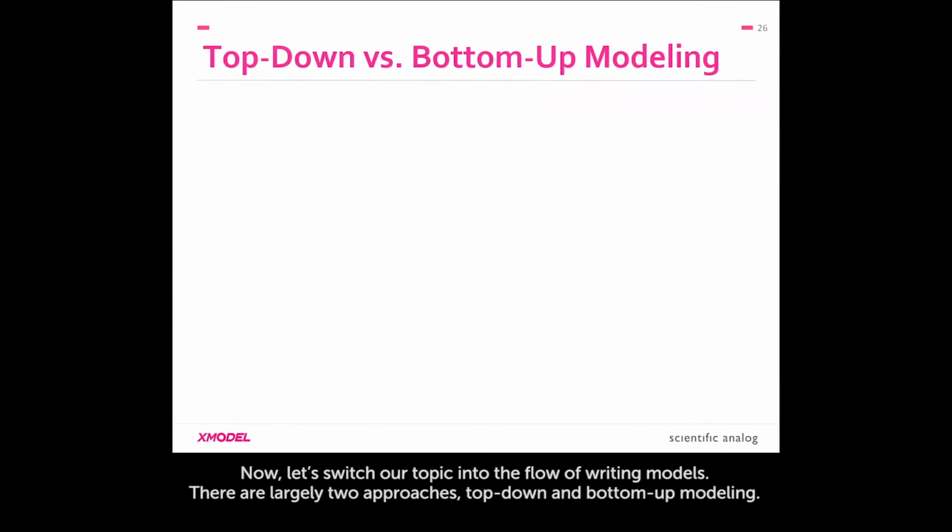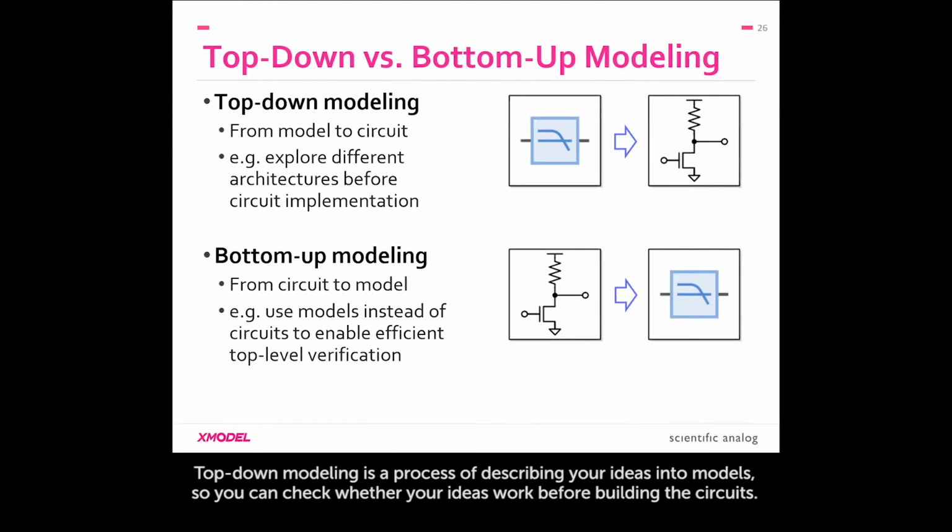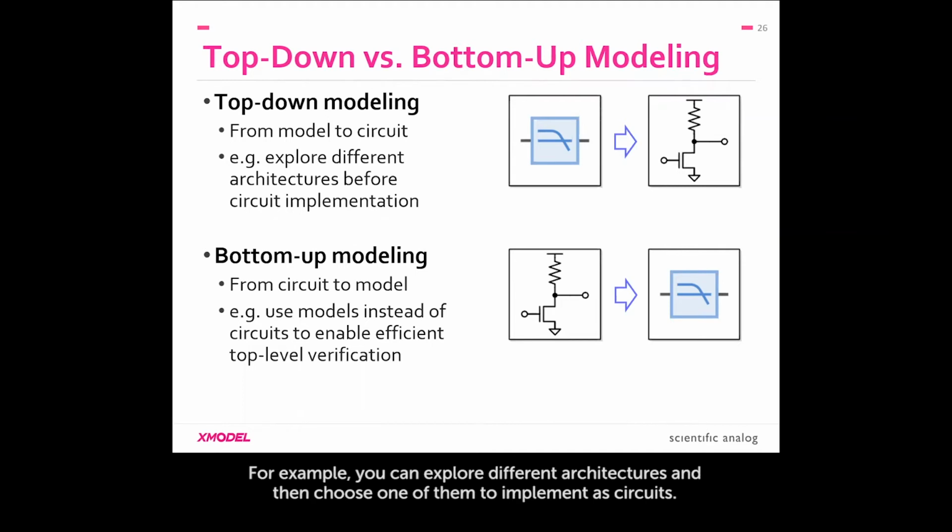There are largely 2 approaches, top-down and bottom-up modeling. Top-down modeling is a process of describing your ideas into models, so you can check whether your ideas work before building the circuits. For example, you can explore different architectures and then choose one of them to implement as circuits. On the other hand, bottom-up modeling is a process of extracting models from the implemented circuits.